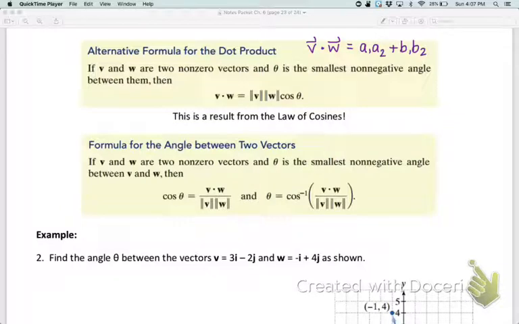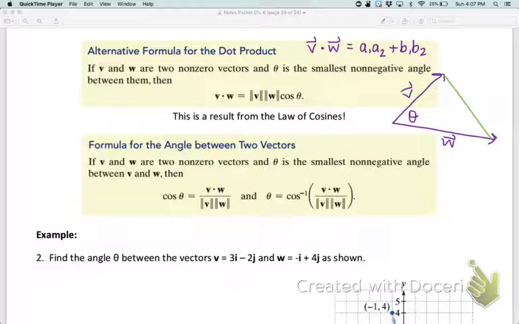If you think about our two vectors, if I have vector v and I have vector w, what we're looking at is the angle between them, theta. If we close this off and form a triangle, you can see that what you've got there is a side angle side pattern, which is where we would want to use the law of cosines.